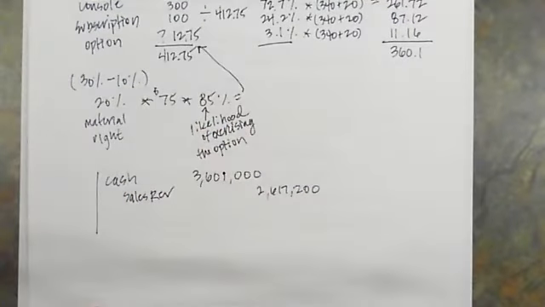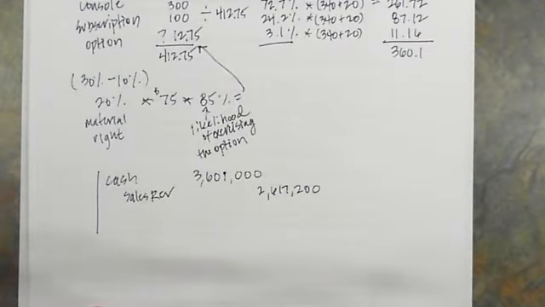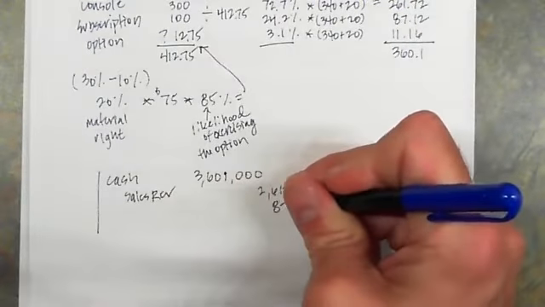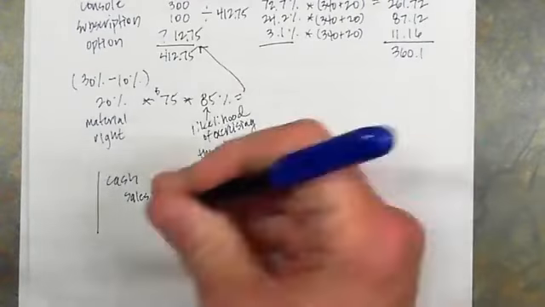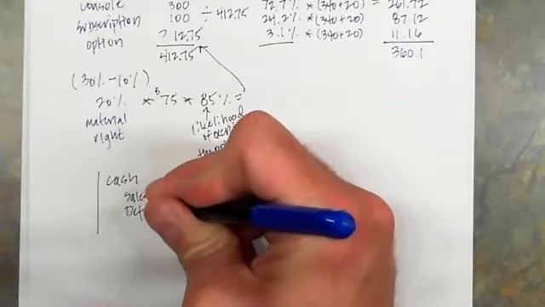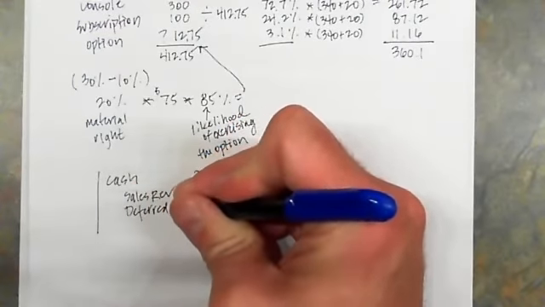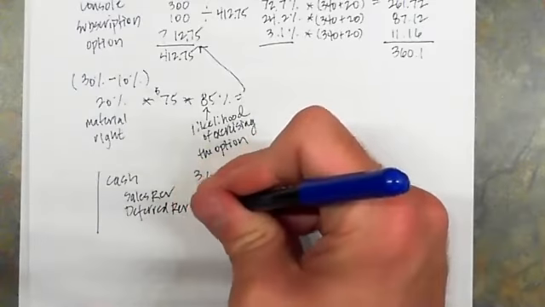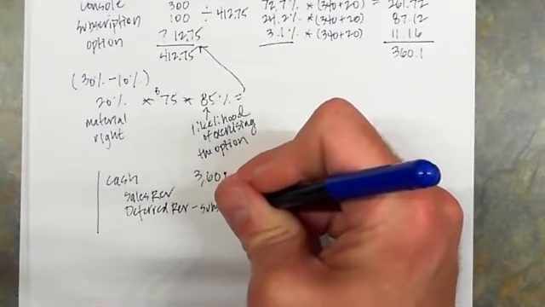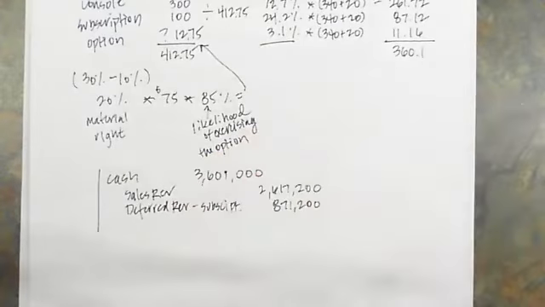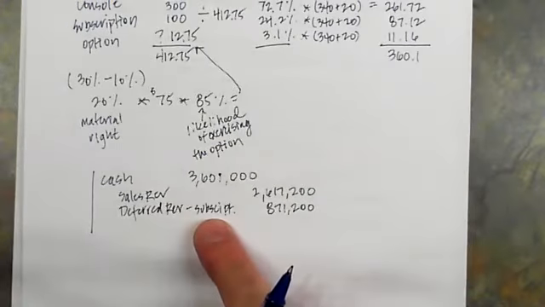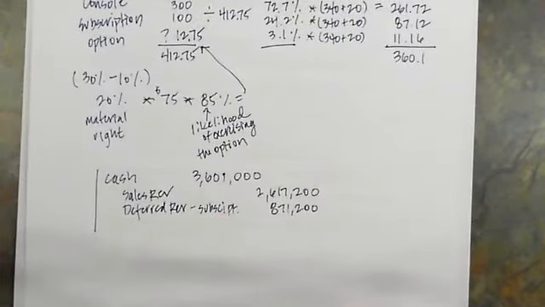The subscription revenue, 87.12 times 10,000, $871,200. And even though both of these are deferred revenue, I'm going to separate them because they're going to be recognized at different points, right? This is going to be recognized over time regardless of whether there's an exercise or not.